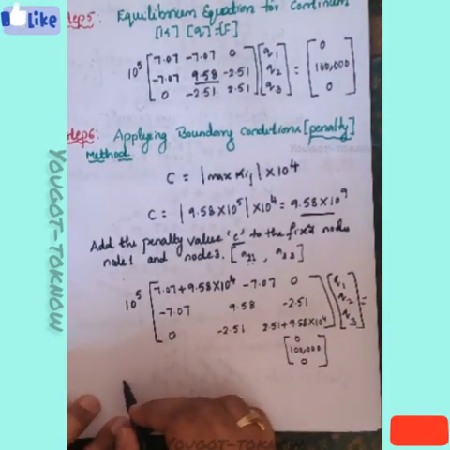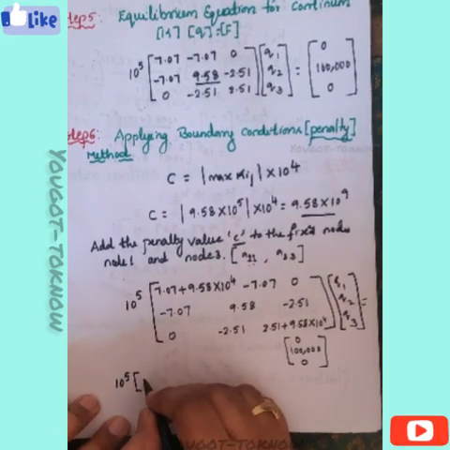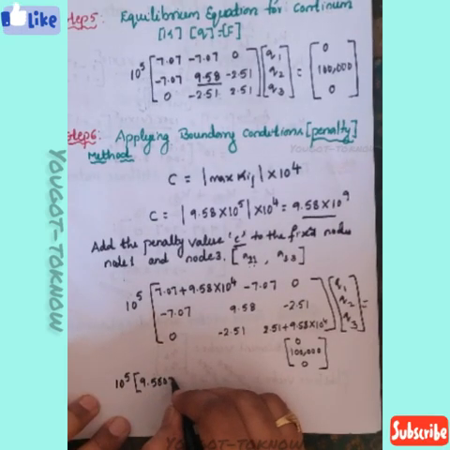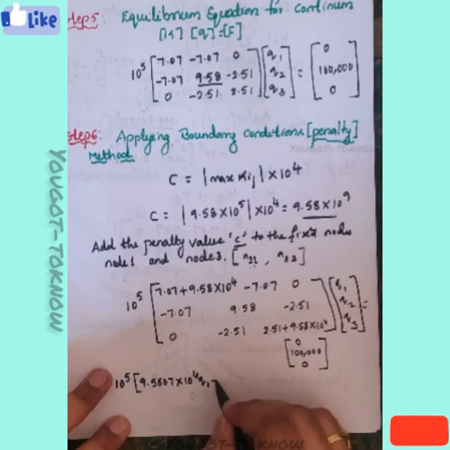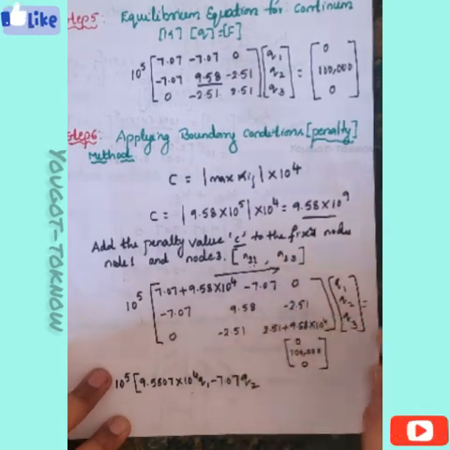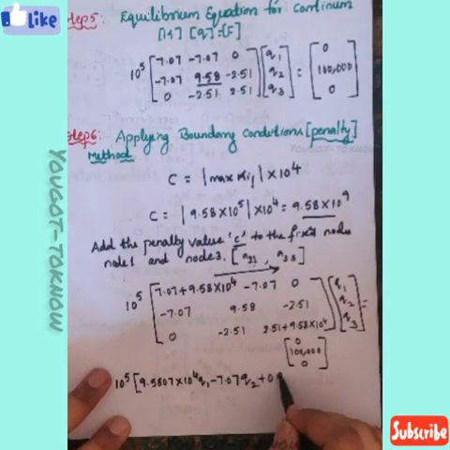I am going to get 9.5807. See, just observe. I am going to write 3 equations, 10 power 5, 9.5807 into 10 power 4 into Q1 minus 7.07 into Q2. That means I'm making matrix multiplication. Okay, here plus 0 into Q3 is equal to 0.